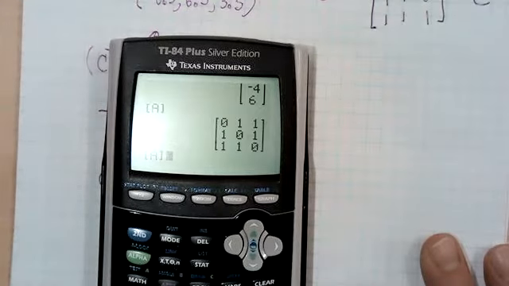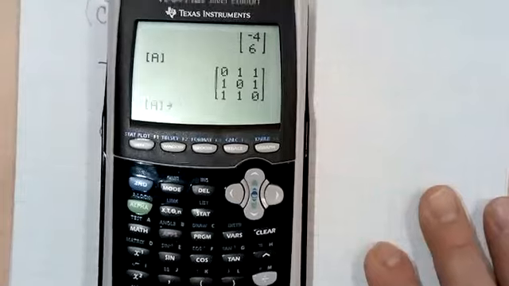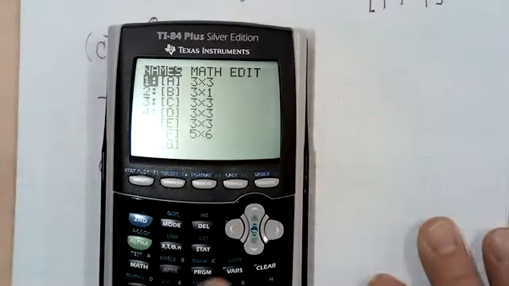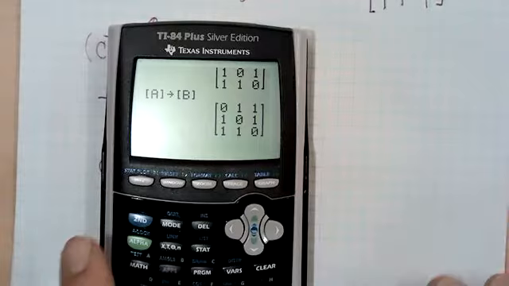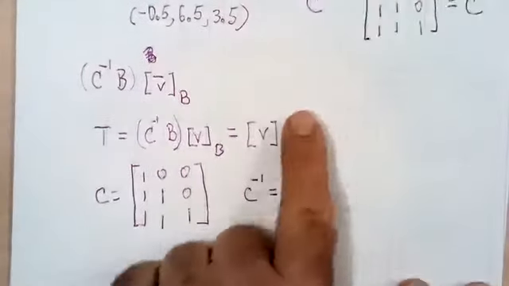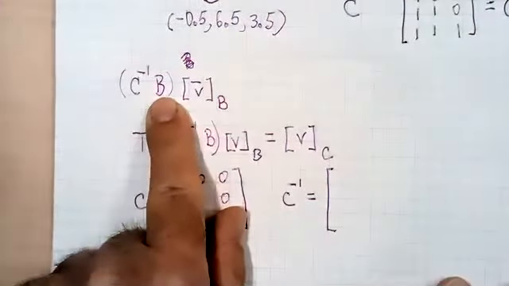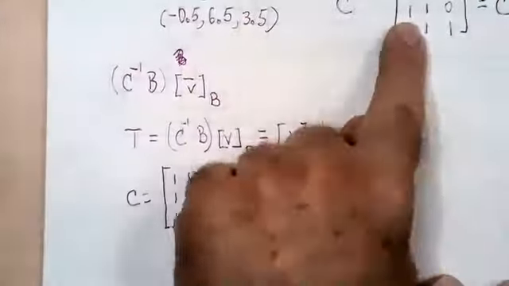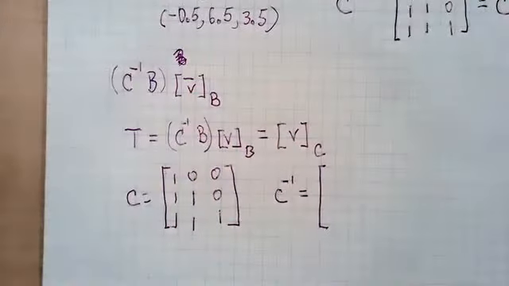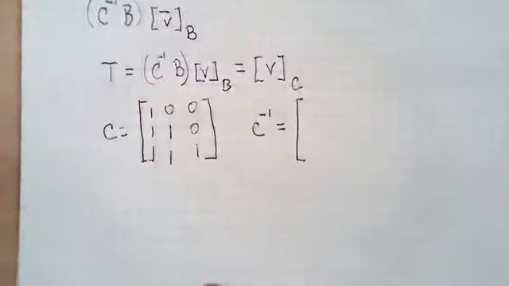Matrix A, I'm going to store that in matrix B. Okay, so when I have B on my paper, it's going to be the B matrix in the calculator. And when I have C on the paper, it's going to be the C matrix in the calculator. And I hope that will help.